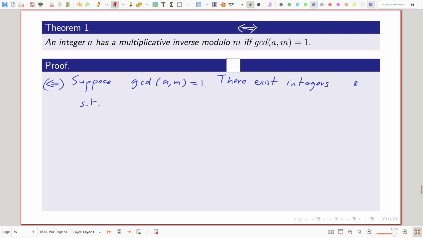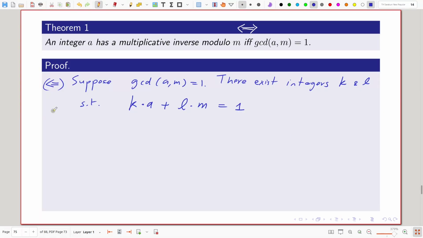I don't want to use X. K and L. There are two integers K and L such that K times A plus L times M equals 1. So this is from the extended GCD algorithm that we have tried.